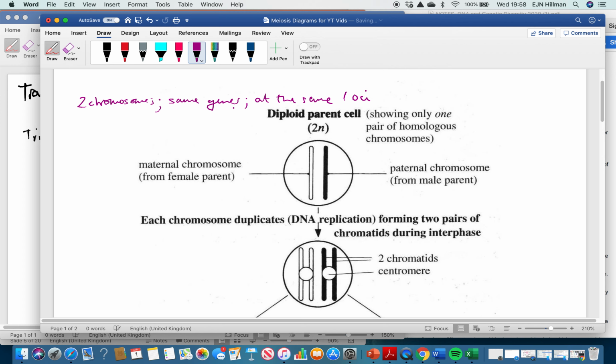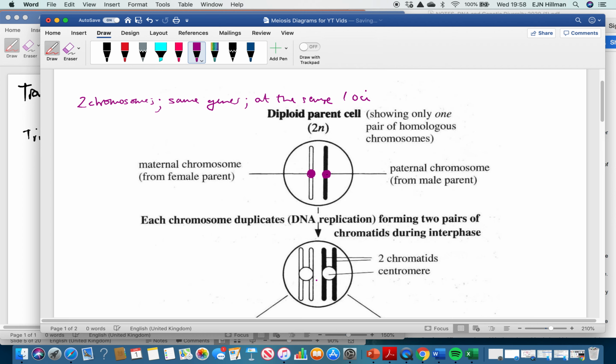That was enough in an exam question a couple of years ago. Some exam mark schemes require this last bit at the same loci as well. Now, the centromeres aren't actually shown on here. So what I sometimes do, even now, just to remind myself, is draw those centromeres on.